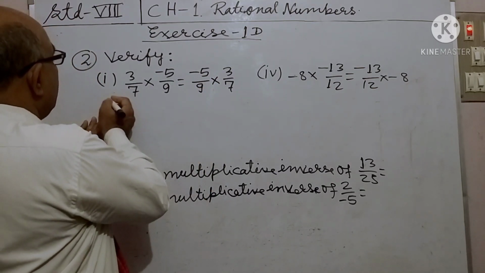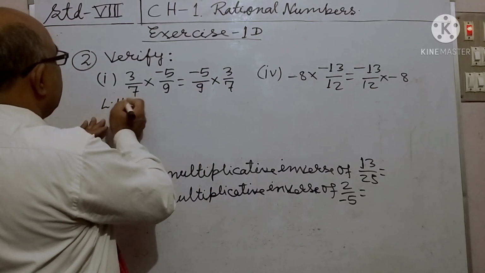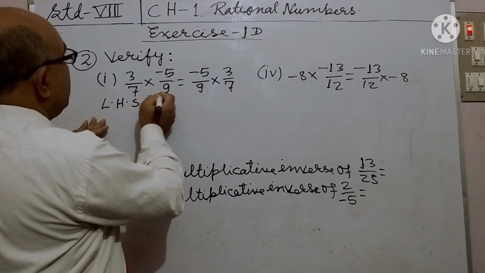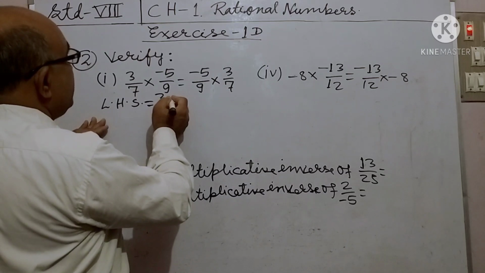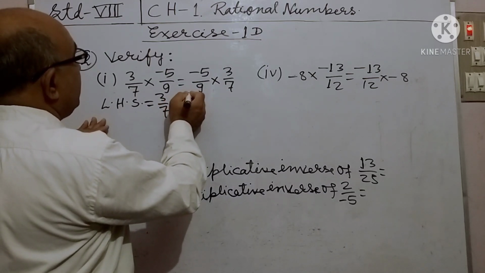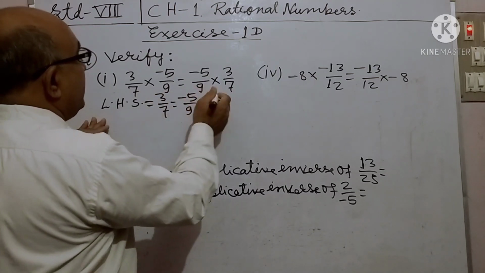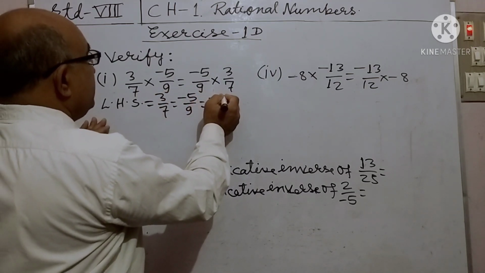So left hand side equal to 3 by 7 into minus 5 by 9.